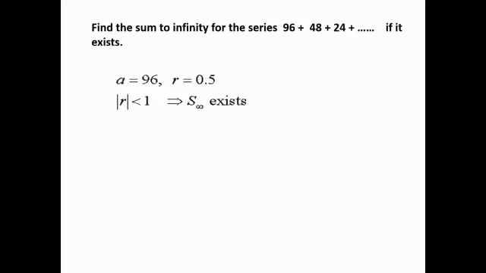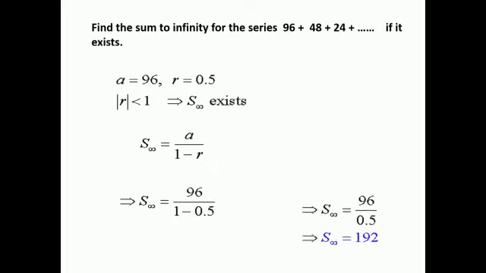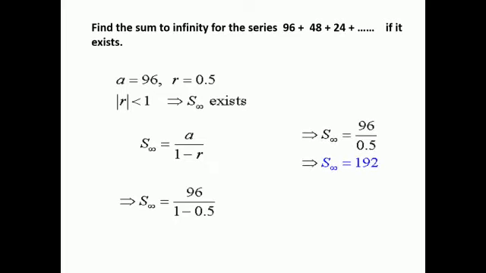R means the second term divided by the first term, or the third term divided by the second term. So you will get 1 by 2, and they wrote here 0.5, it's a half. Then write the formula. A is equal to 96 and R is equal to 0.5. We give the values here and by calculating you will get 192.